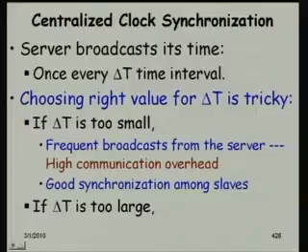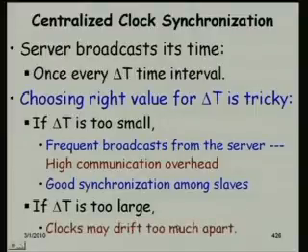They will get synchronized, and as the time progresses, they will become unsynchronized, they lose synchrony, and again after delta t they will get synchronized. So, during this interval delta t, the clocks might drift too much, which will be unacceptable.